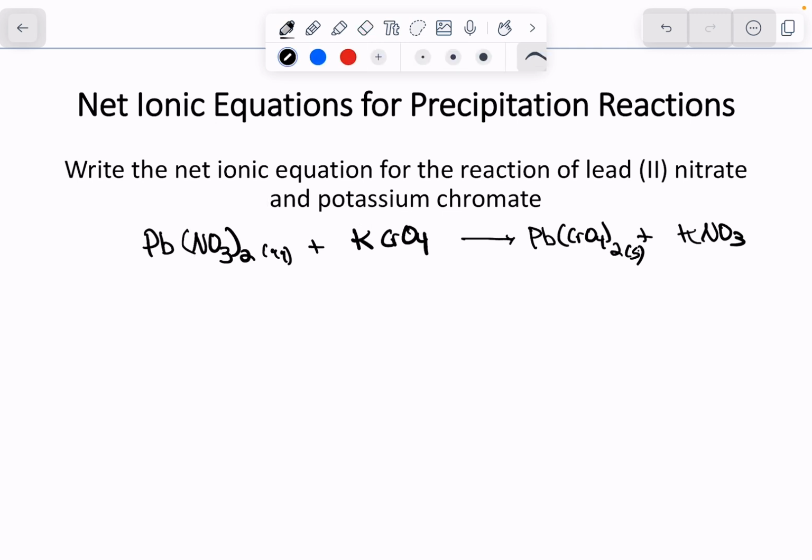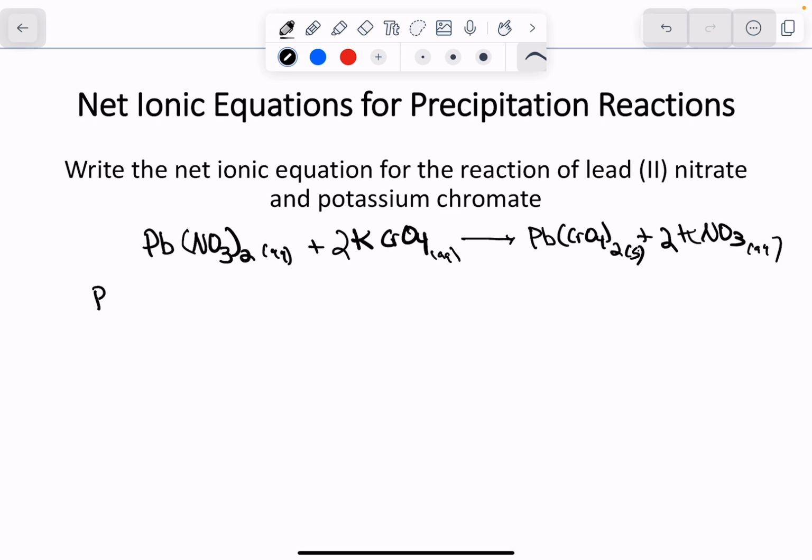Let me do this. Okay, so notice what you have is you have 2 nitrates on the reactant side. So I'm going to put a 2 here and a 2 here. And this is aqueous. And so that's my molecular equation, or my overall equation. Now what we end up doing is we're going to take all of the aqueous salts and break them into their components.